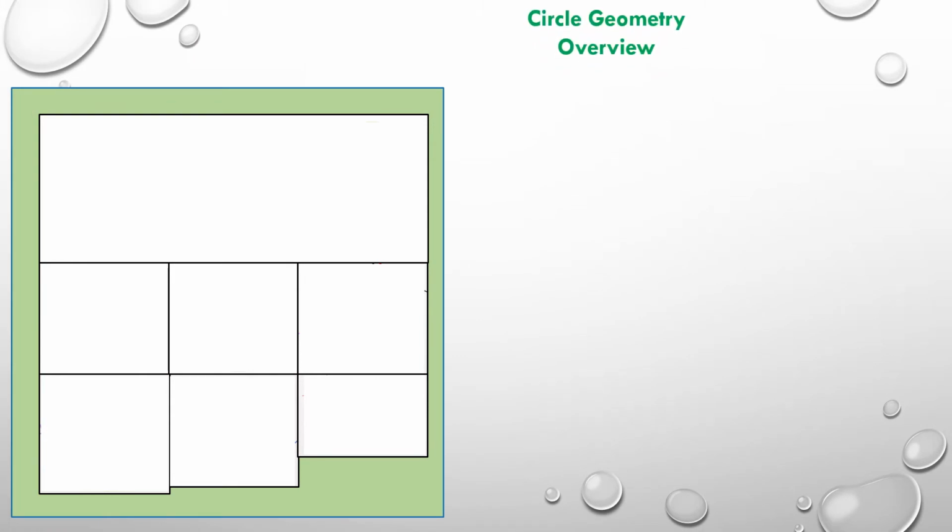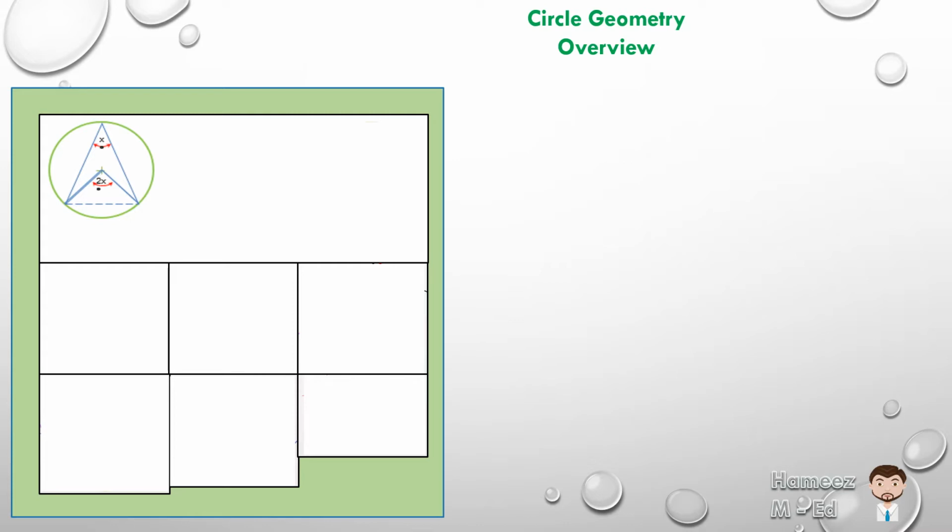Let's look at an overview of circle geometry, and there are some basic theorems that we are expected to know. So let's look at the first diagram. In that diagram, we have a four-sided shape, a quadrilateral, and it is formed from the dotted line, the chord.